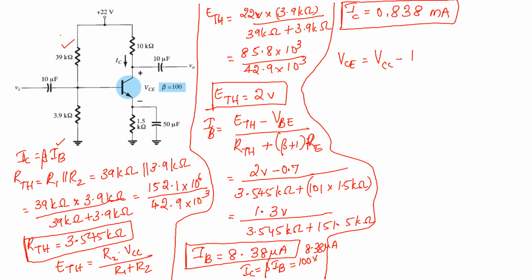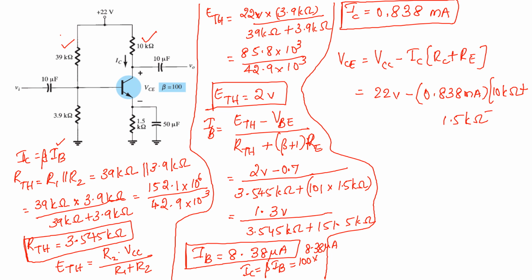VCE is equal to VCC minus IC into (RC plus RE), right? So what is your VCC? 22 volt minus IC, already you have calculated, 0.838 milliampere into, what is your RC? RC is equal to 10 kilo ohm, right? 10 kilo ohm plus RE, what is the value for RE? 1.5 kilo ohm, which is equal to 22 volt minus, you will be getting somewhere nearer to 9.66 volt.